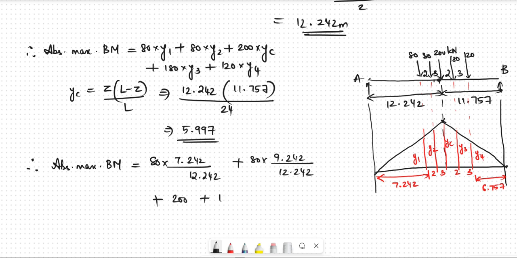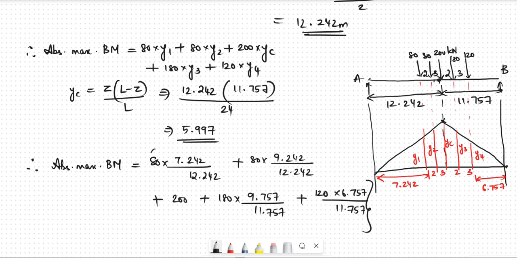Plus 180 into y3. y3 is 9.757 divided by 11.757 plus the last one, 120 into 6.757 divided by 11.757.